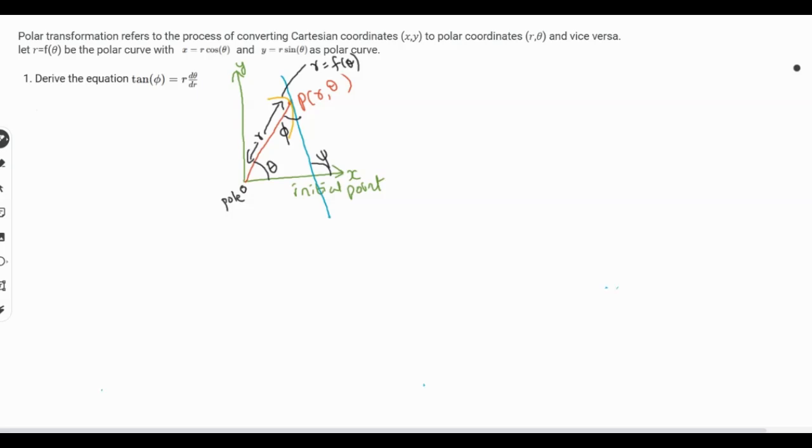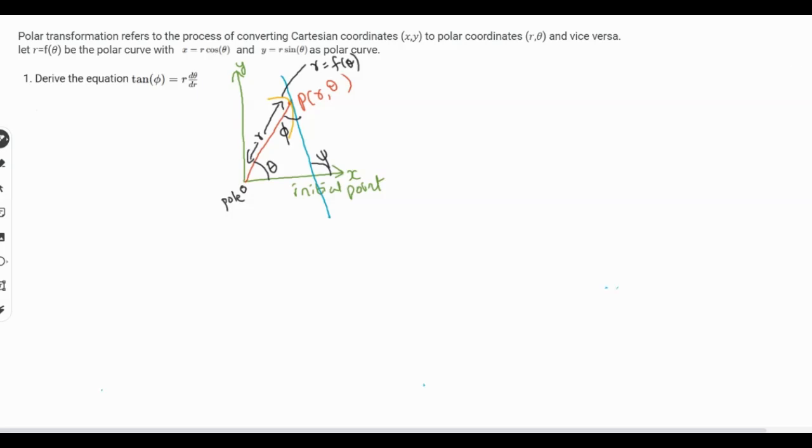So r is called the radius vector, and phi is the angle between the radius vector and the tangent, and psi is the angle which is formed by the tangent.